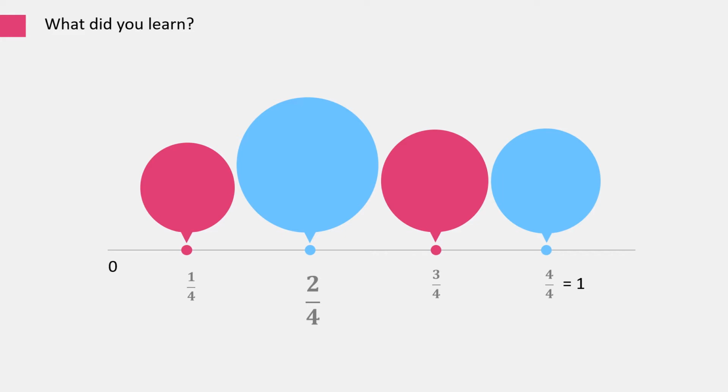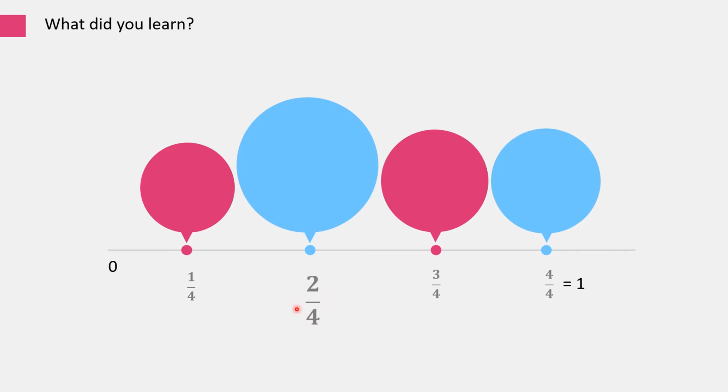For example, here I have a number line. It's starting from 0 and the finish point is the whole, 1. And I have to find the equivalent fraction for this part on the number line.